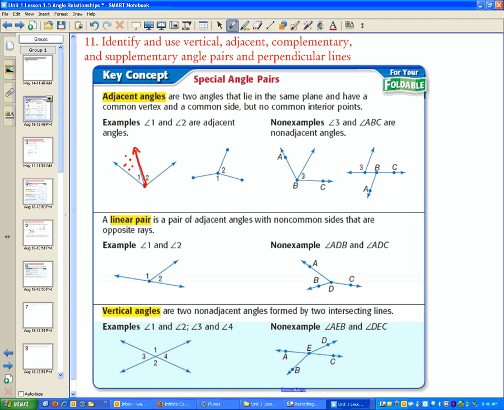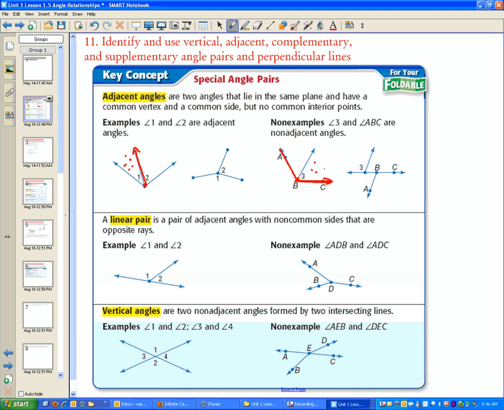Okay? Now, all of those conditions are necessary to mean next to and touching. To see why, look at the non-example. Look at angle 3 and angle ABC. They have the same vertex. They have a common side. Ray BC is a common side. But here's the problem.